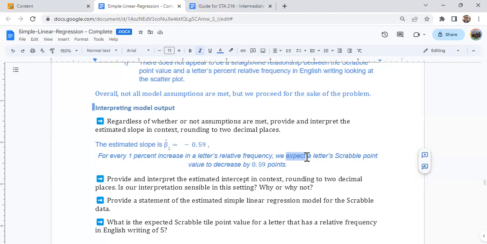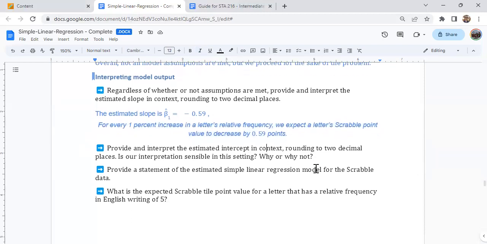We're not saying a letter would ever have a fraction of a point, but we're talking about the general trend in the average increase. That's why it's okay to have decimals. If you're trying to predict the Scrabble point value for a new letter, you might get a predicted value and then round it. That's fine, but the interpretation will keep the decimals.